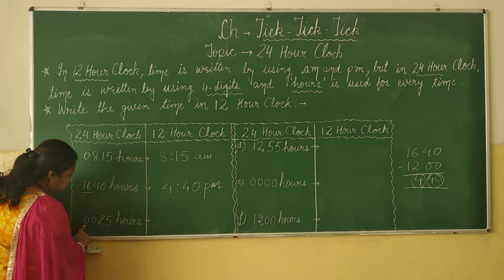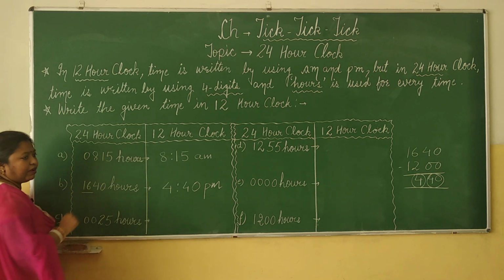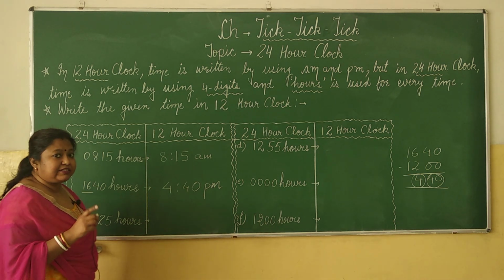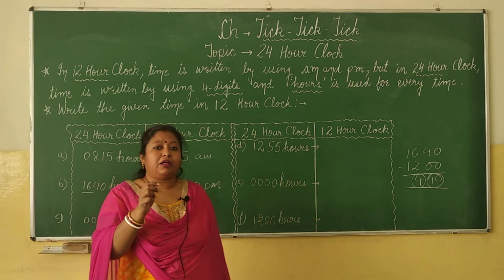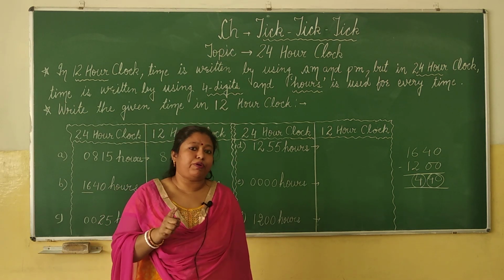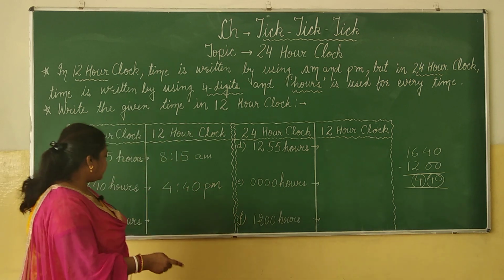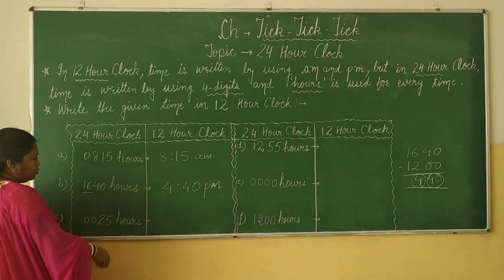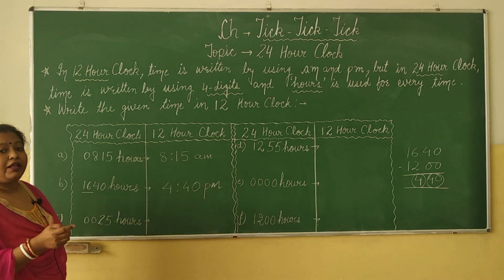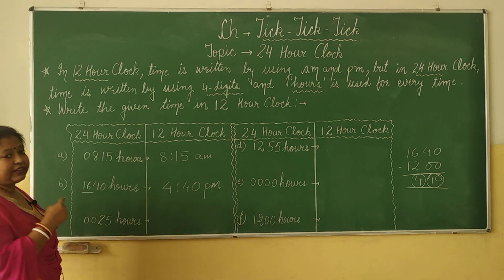Here we have 0025 hours. We learned in the last class that 00 means midnight, the beginning of the day, 12 midnight. So what will we write in this case? Again, like last time, there is an exception.